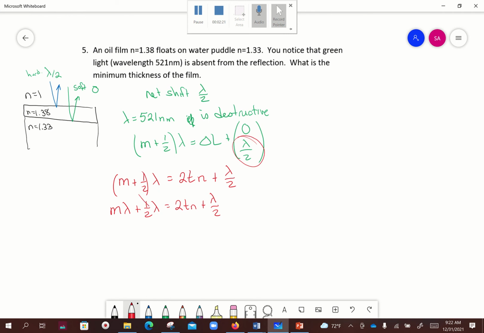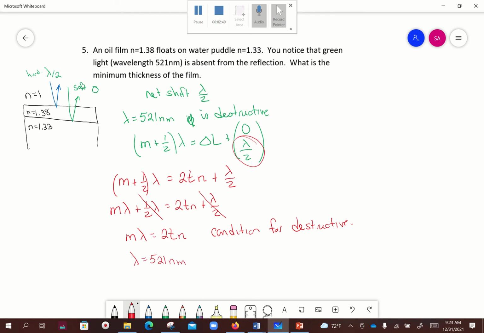So I can actually cancel out the half lambda on each side, subtract that. So I get m lambda equals 2Tn is the condition for destructive. All right, so let's think about what we know. Well, we know that the wavelength that we don't see is 521 nanometers.